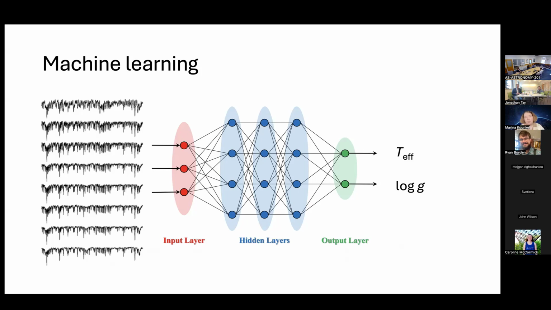And you do it over and over again. And eventually you have calibrated weights in your model such that if you were to pass any spectrum through this model, you will get something that resembles temperature and surface gravity compared to what you had in your initial labels. And this would work not only for the sources in your training set, but it will work for all stars, even for the sources that the model hasn't seen before.